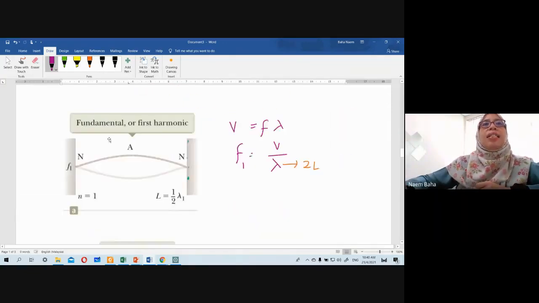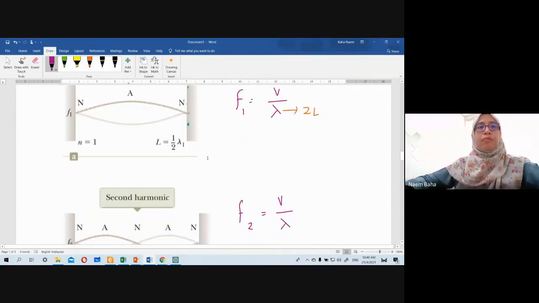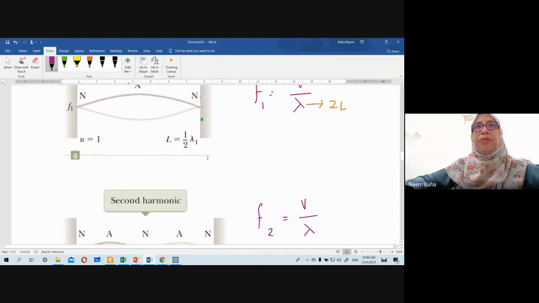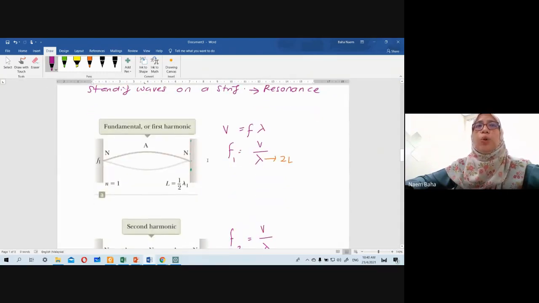All right, let's have a look at resonance, standing wave on a string. I know this is repetitive, but I like to go over it so that you can understand and appreciate what's going on.